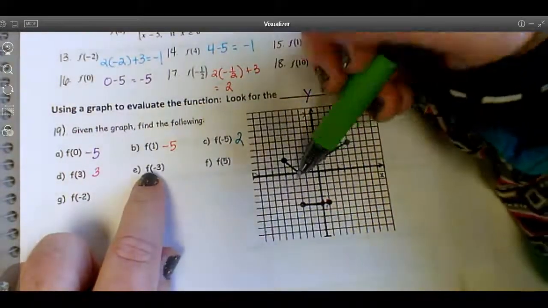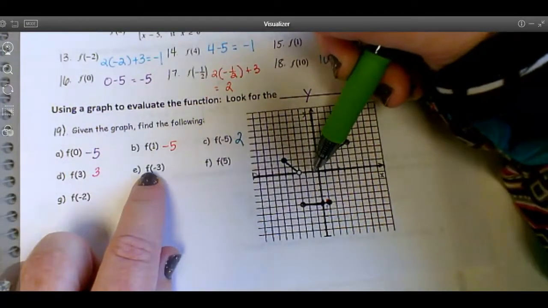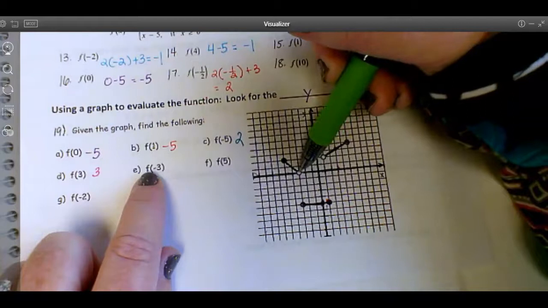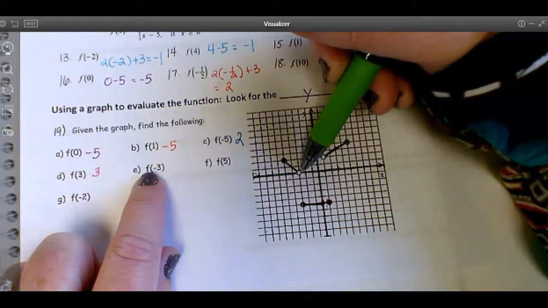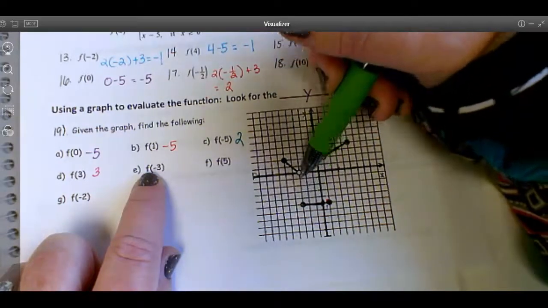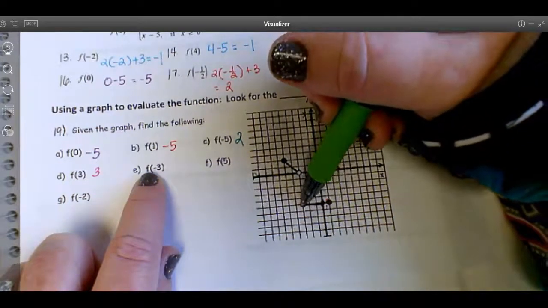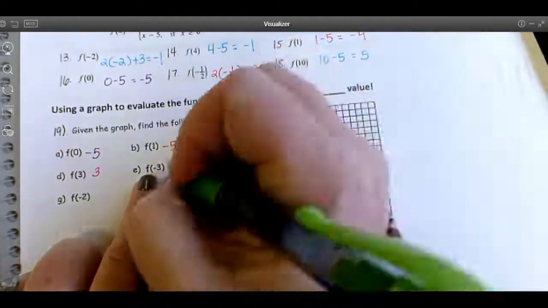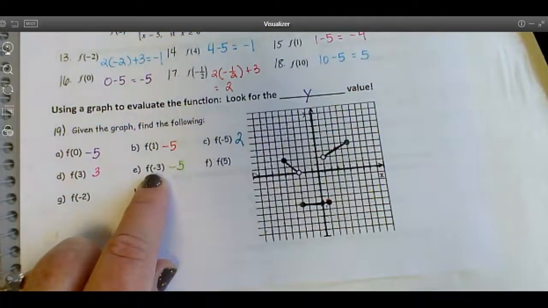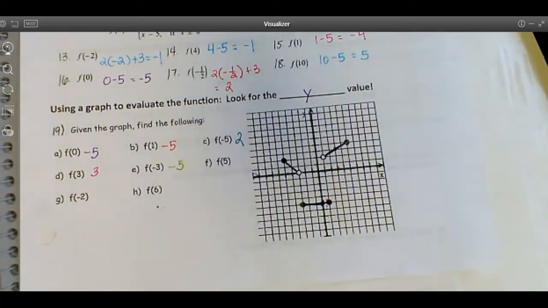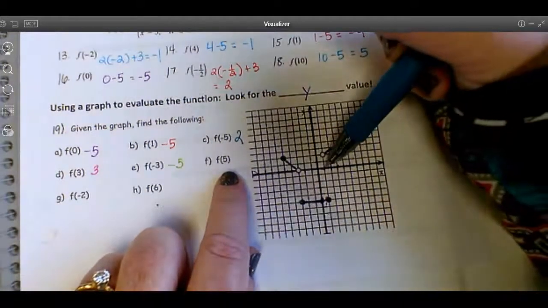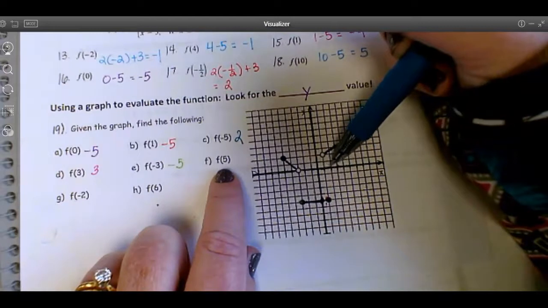Alright, next it says f of negative 3. So I go to negative 3. It's an open circle there. That's not the answer. So I try to go around the function somewhere else. It must be this value down here, which is also negative 5. Alright, f of 5 means go to 5 on the x-axis.